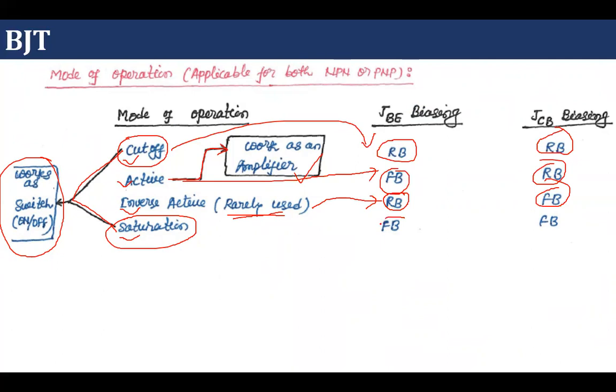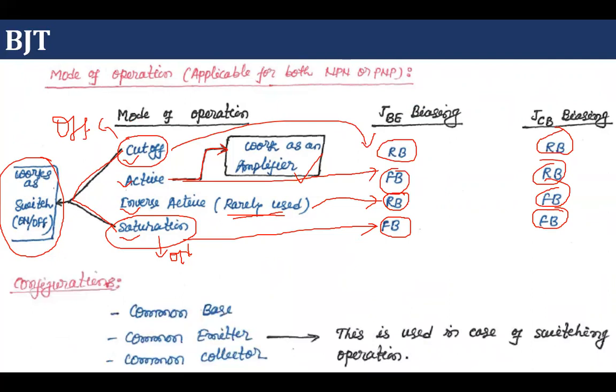And if base emitter is forward bias, collector base is forward bias, then device will work in saturation mode, and it is behaving as an on switch. Here in cutoff, it is going to behave as an off switch.